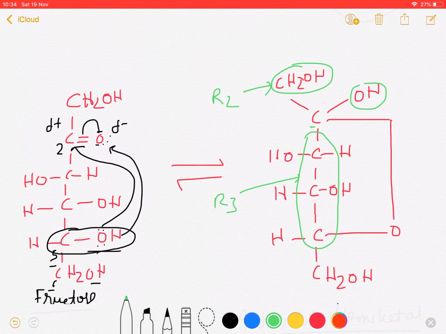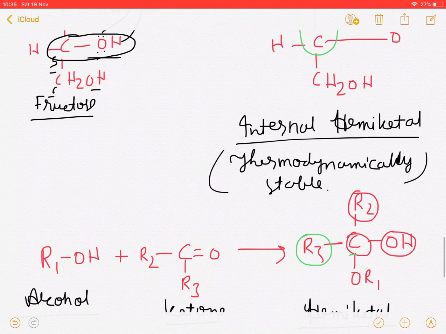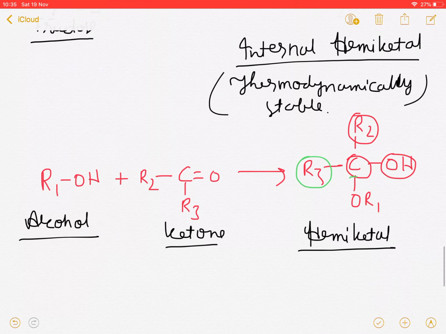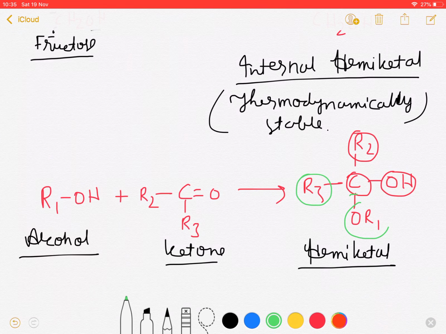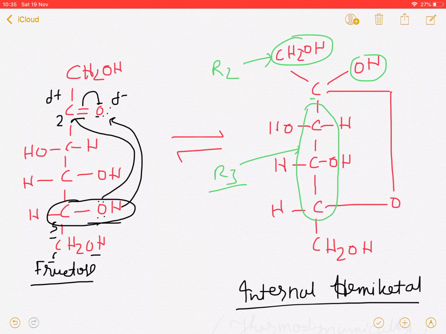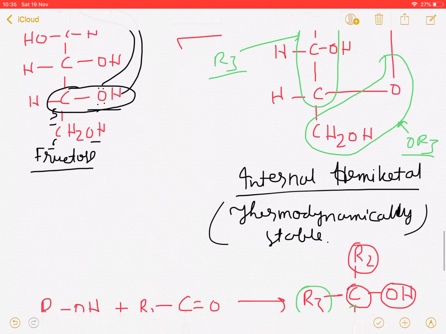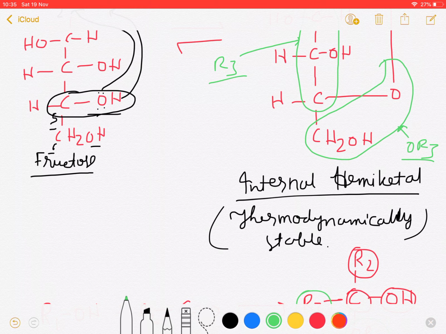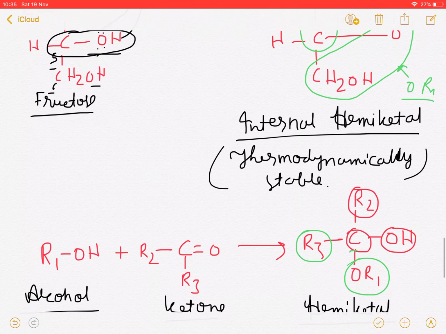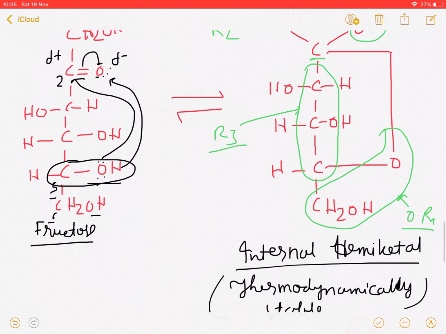And this, with the central carbon inside the internal hemiketal form, is OR1. Okay, OR1, not OR3, OR1. So definitely this is an internal hemiketal over here.